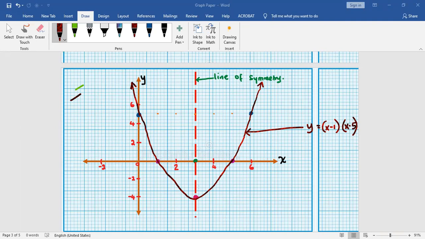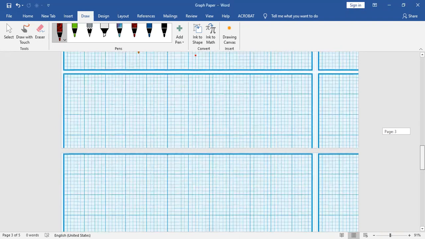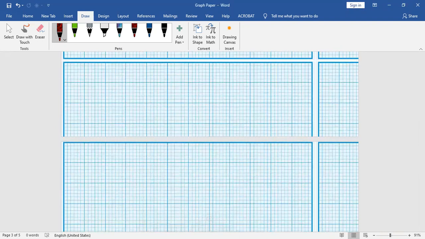Then, when you look at page 127, number 4, they're saying sketch the graph of y equals x squared plus x minus 6.